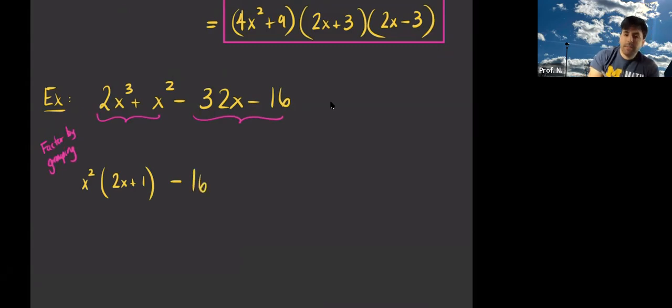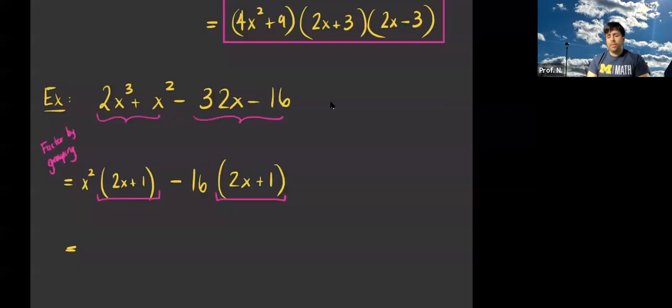Because they both have negatives. So when I factor that out, I'm also left with the 2x plus 1. And then what do I notice? 2x plus 1 appears in both terms. So because it's the common factor, I can take out the 2x plus 1, and I'm left with x squared minus 16.